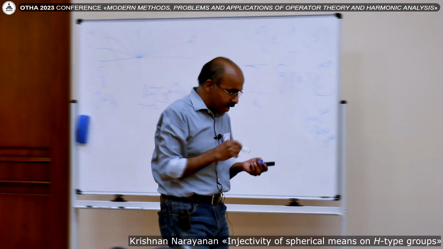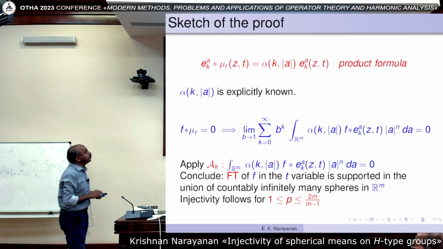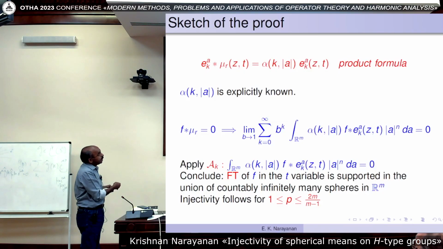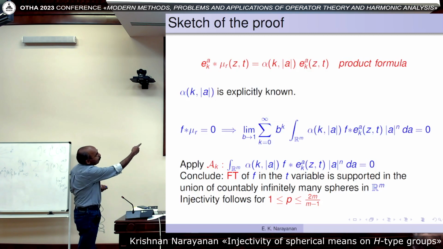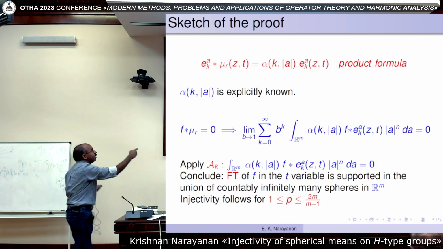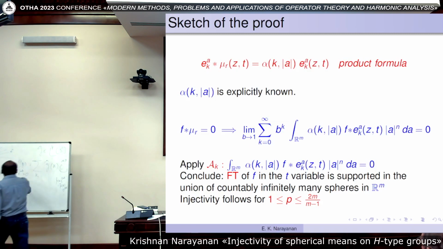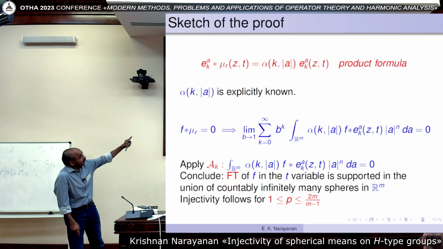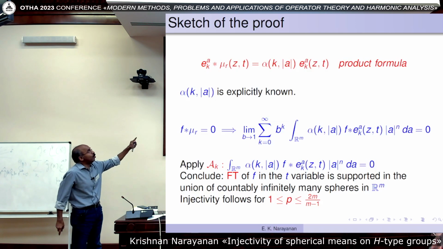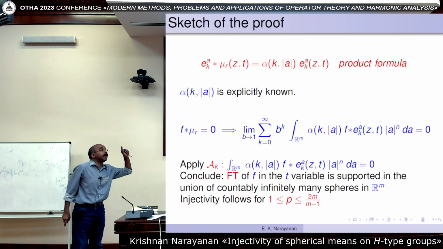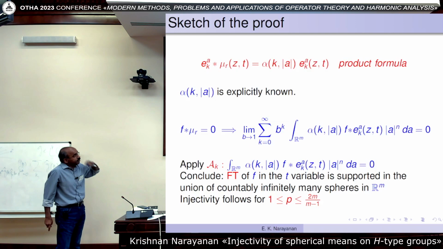That is what is written there. When I convolve, I get μ̂_k here, there I get that complicated expression. The explicit expression is known, but what is important from our point of view is it depends on |a|. Remember, a comes from the center R^m, so |a| gives spheres in R^m.